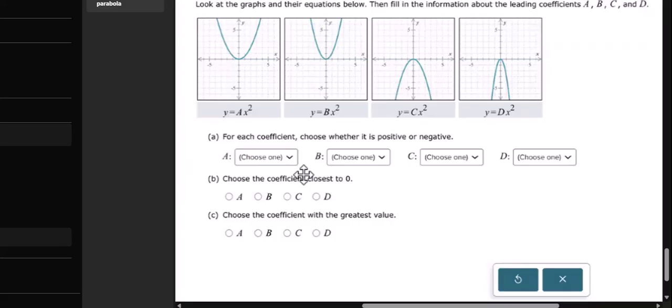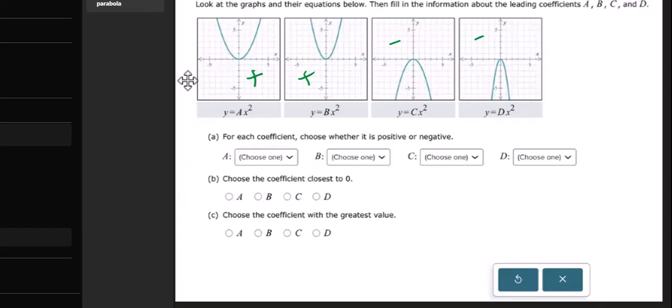Okay, for each coefficient, determine whether it's positive or negative. So if it opens up, it's positive, and if it opens down, it's negative. So that is easy to tell. So we've got this opens up, so positive, positive, negative, negative.